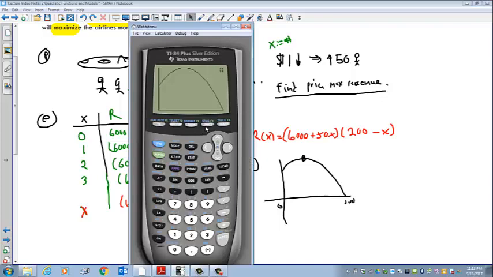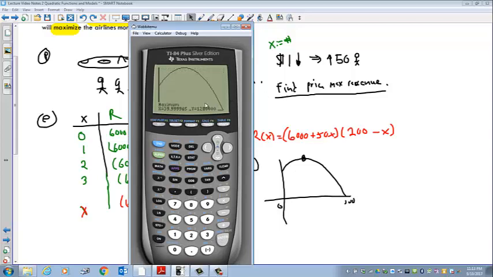Hit second, trace to pull up the calculate menu, number 4, or if you want, scroll down to maximum. And then you can do left bound and right bound, so you can just scroll over. That's definitely to the left. It goes up, somewhere up there I'm hitting a maximum, I don't know where, but I'm to the right. Hit enter and then hit enter for a guess, and out pops my answer.